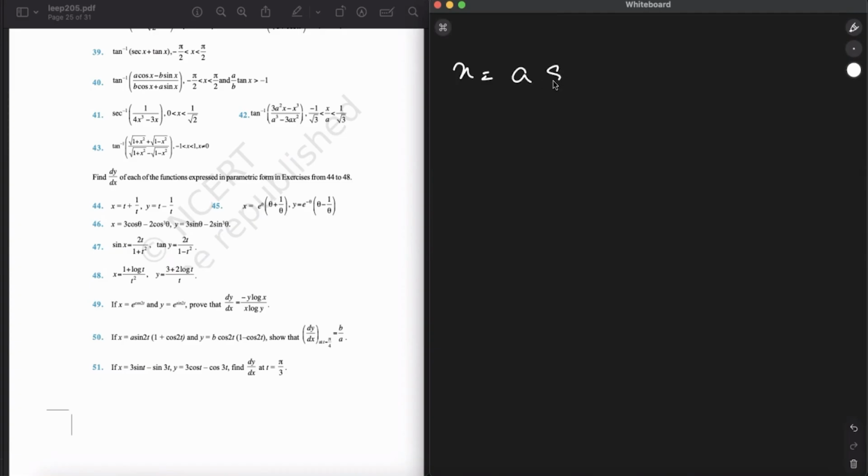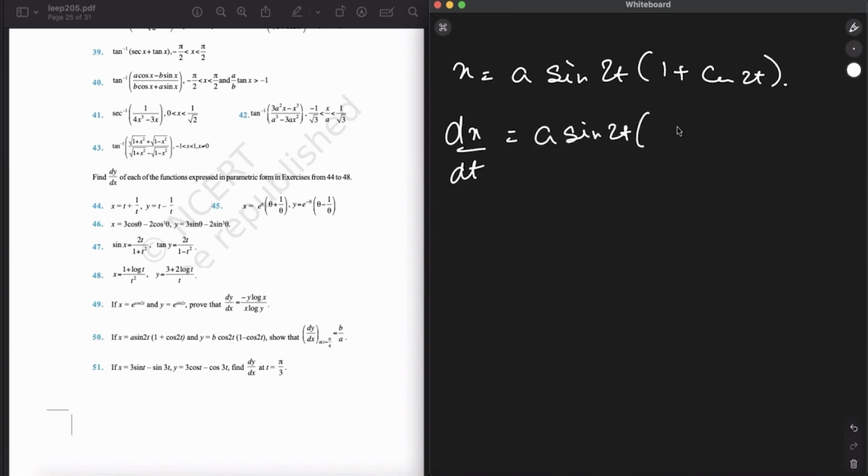x is equal to a sin 2t (1 plus cos 2t). Differentiating with respect to t, the differentiation of a sin 2t cos 2t will be minus 2 sin 2t plus (1 plus cos 2t) a cos 2t times 2.